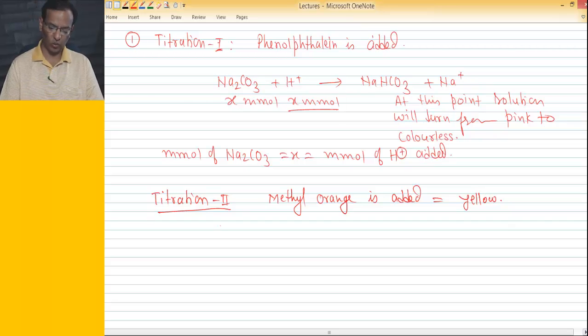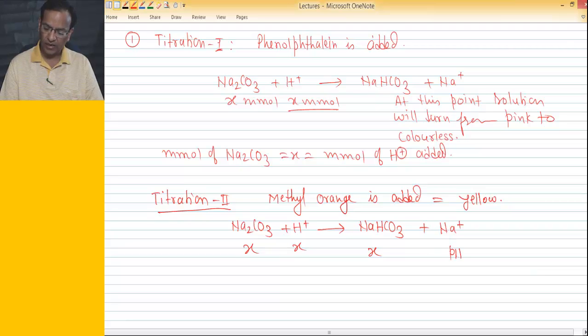Now start adding H plus. What will happen? Na2CO3 will first be neutralized to NaHCO3 and Na plus. Since there is x millimole of sodium carbonate, for this step x millimole of H plus will be required and x millimole of sodium bicarbonate will be produced. But since pH is around 10, the solution is still yellow.